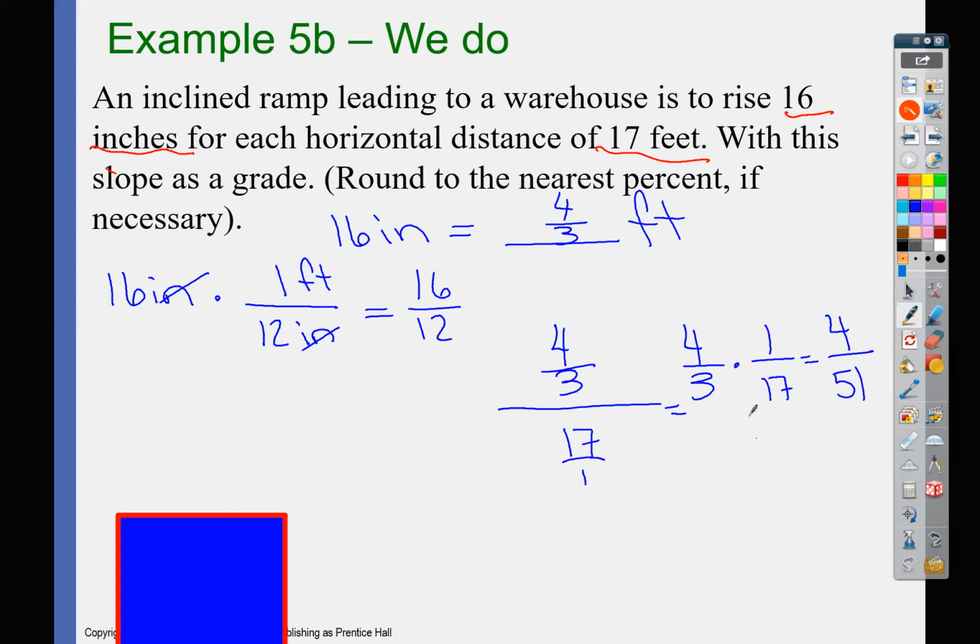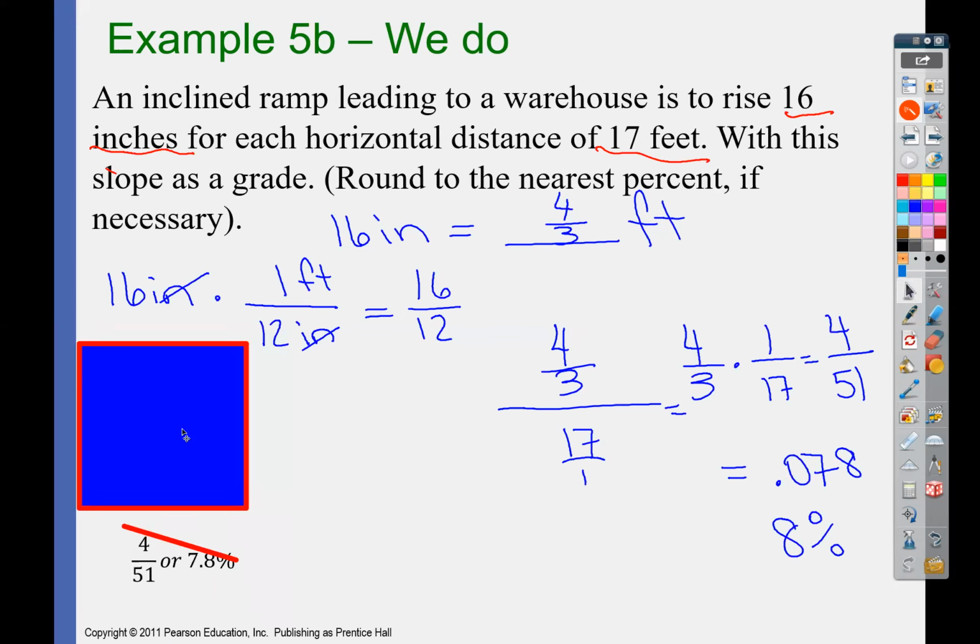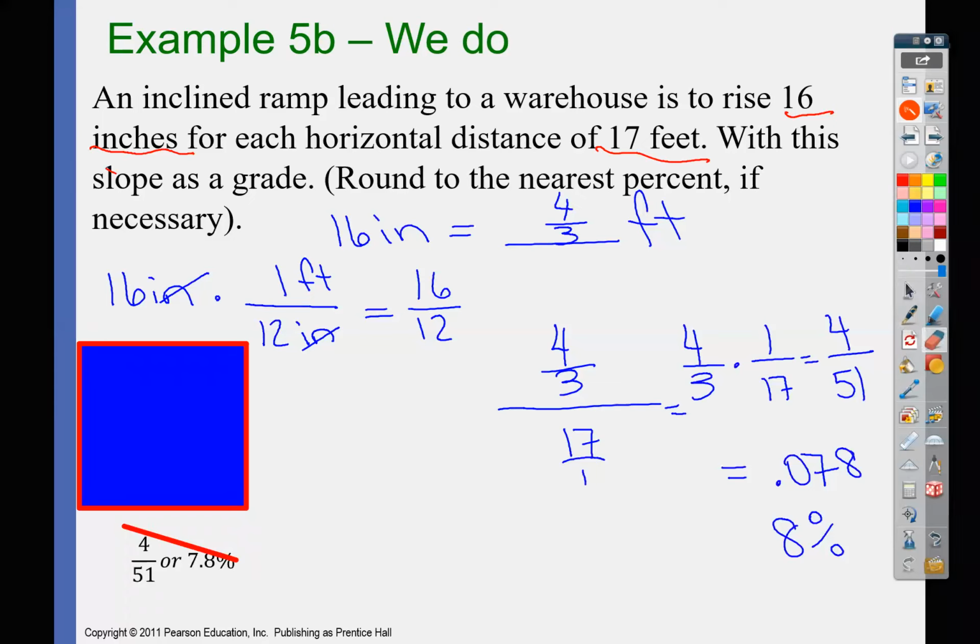When I do that, I get 0.078. So round to the nearest percent. So you would say 8%. And let's see if that is correct. There we go. So it's 8%, and they wanted to round to the nearest percent. So I would say 8%.